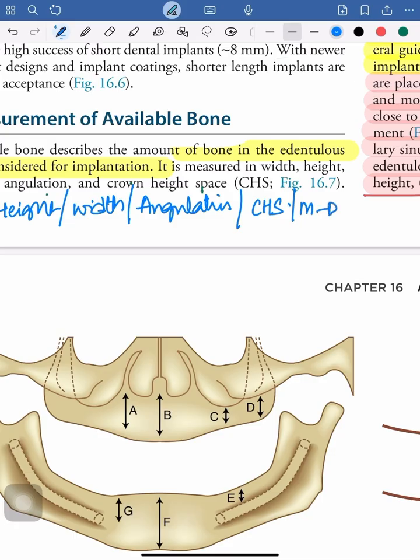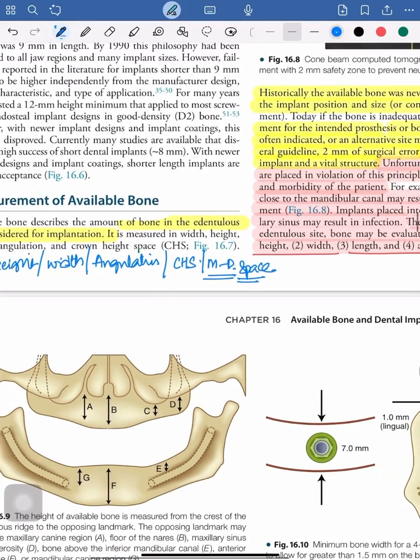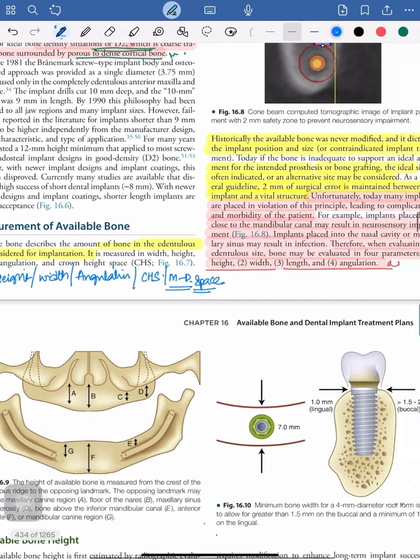Mesiodistal space. So let's look at each of these criteria one by one, and then we see how the treatment plan varies accordingly.